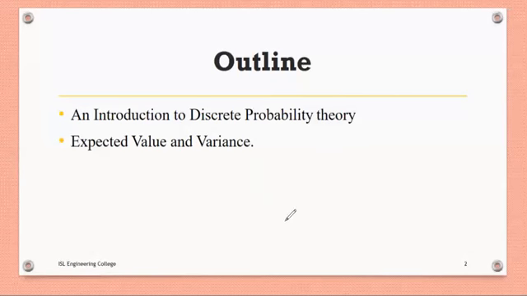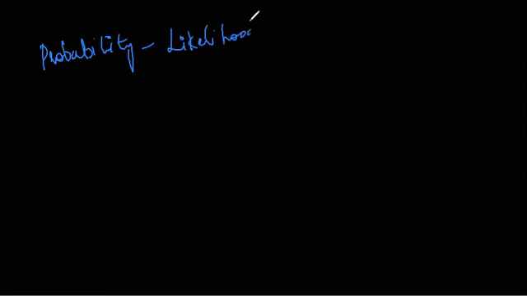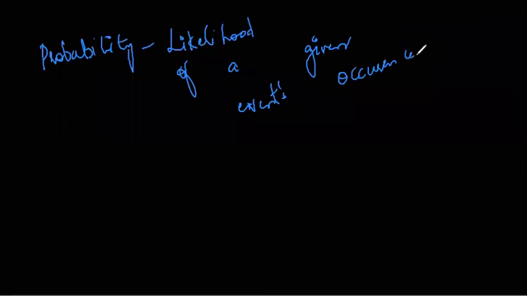These are the two topics in the syllabus. Now, first and foremost, we'll study the definition of probability. What does probability mean? Probability is basically the likelihood of a given event's occurrence. So basically, whether an event will occur or not, how likely something is to happen.